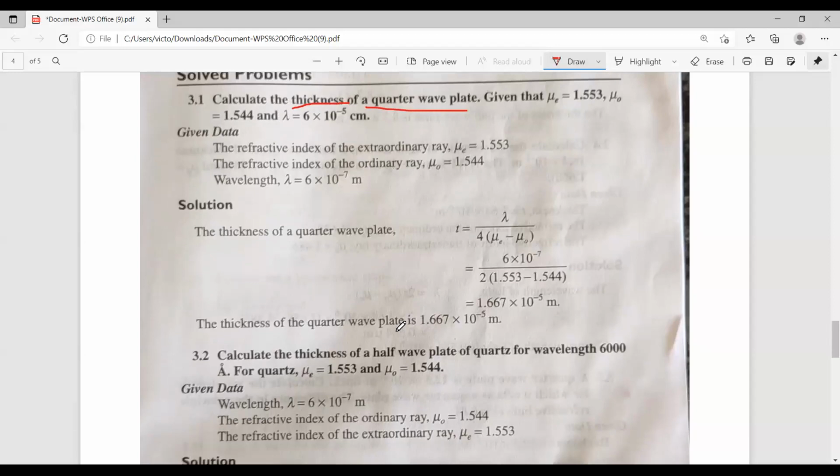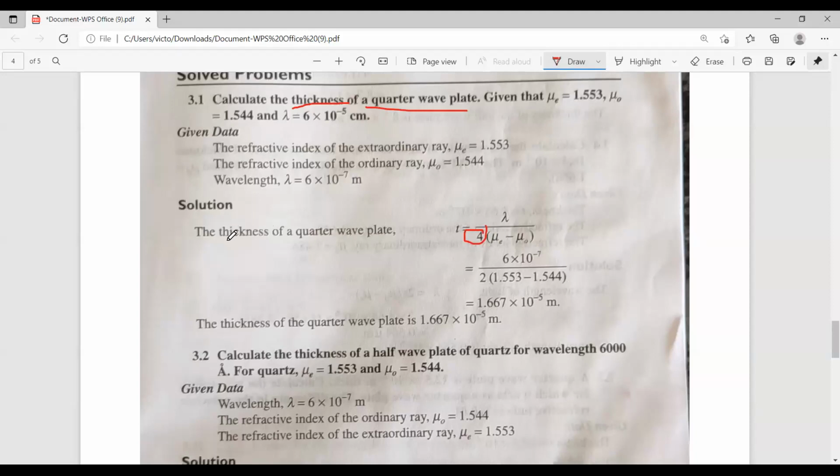Actually, the expression for the thickness of the quarter wave plate is T is equal to lambda by 4 into mu E minus mu O. If in case we have to calculate the half wave plate, just replace 4 by 2.